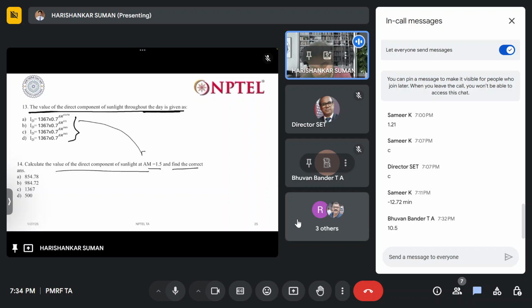Let me tell you the right answer for 13, then please solve this question 14. This is the expression. Put AM equal to 1.5 and solve for this, and calculate the IH, the direct component of sunlight.